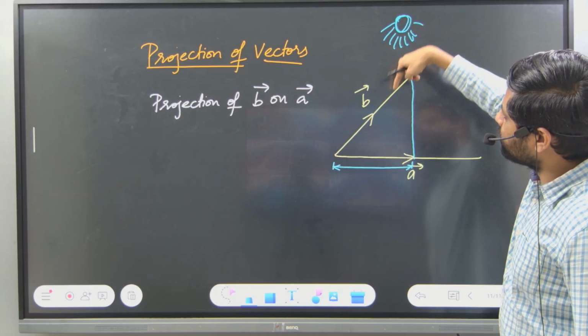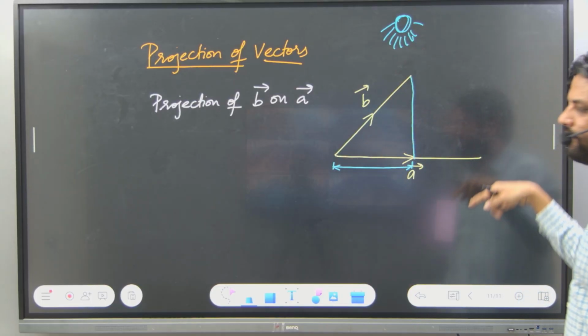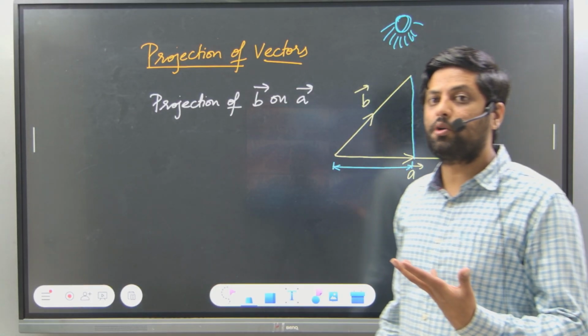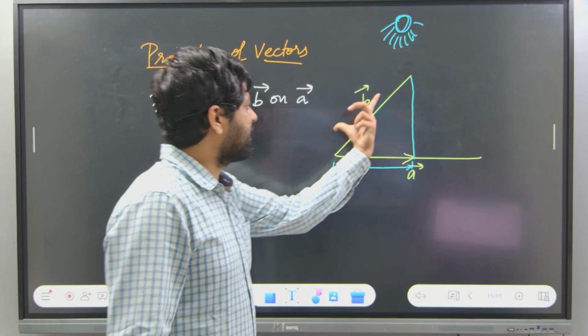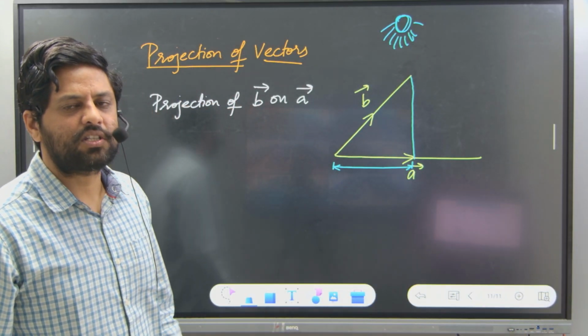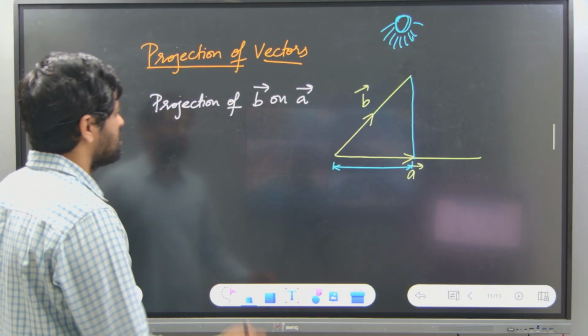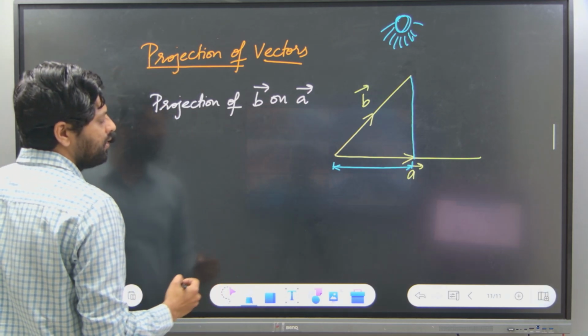If I talk about the projection of B on A, I'm talking about the shadow of the vector B on vector A. So this is called the projection of B on A.